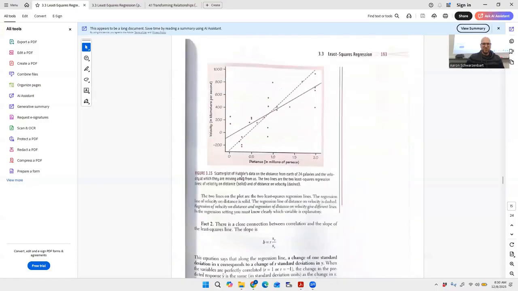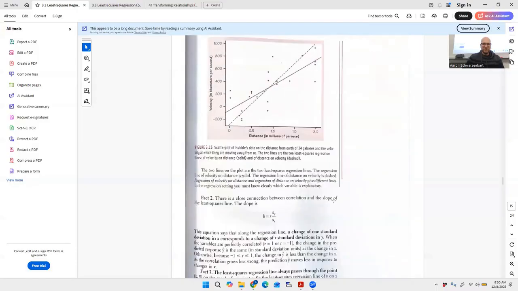Fact 2. There's a close relationship between correlation and the slope, because r is part of the slope calculation. The worse the correlation, usually the flatter the slope.